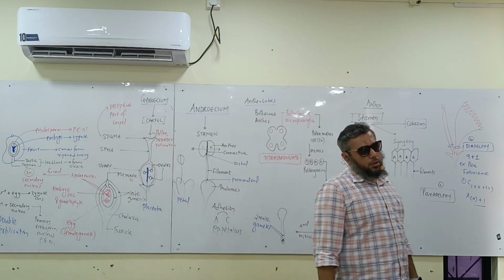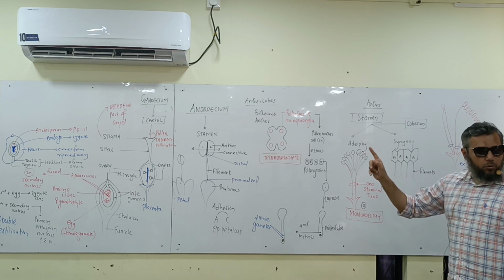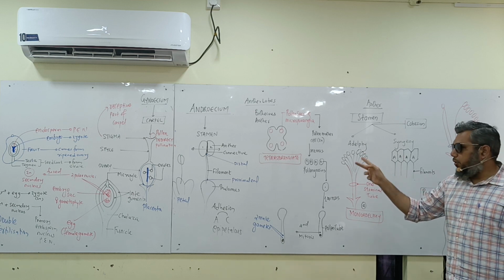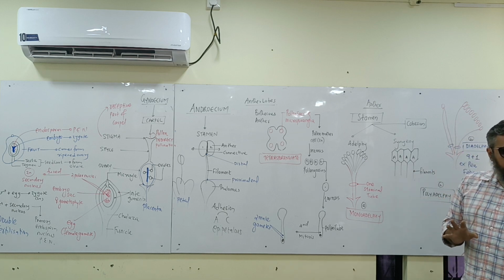Clear everybody? So that was the description about who? Gynoecium. So did you understand both? Yes. Which two parts? Androecium and gynoecium. Clear everybody? Yes.